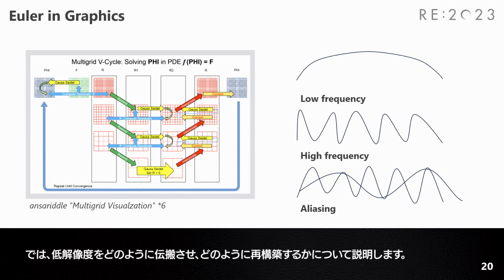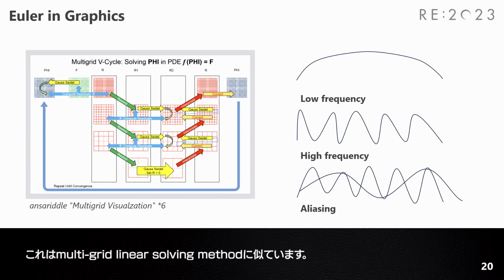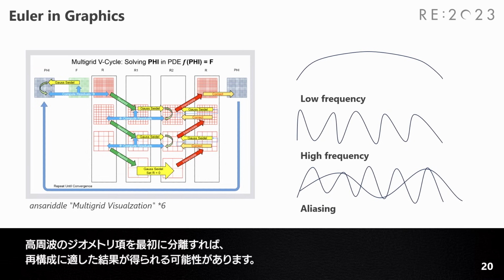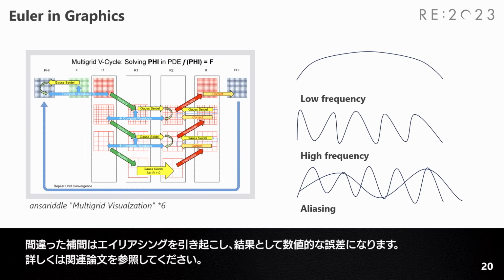Now, let's talk about how to propagate through low resolution and how to reconstruct it back. It's actually similar to a multigrid linear solving method. If the high-frequency geometry term is separated first, the result could be better for reconstruction. Wrong interpolation will lead to aliasing and numerical error.